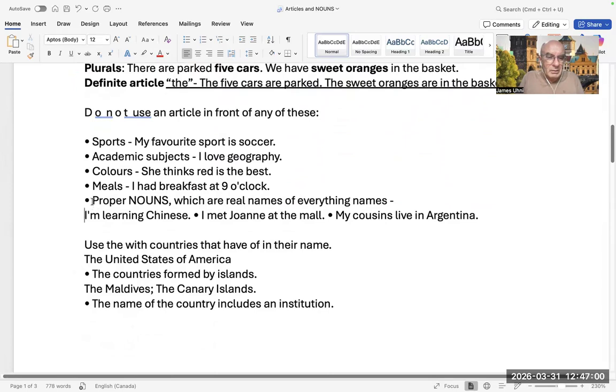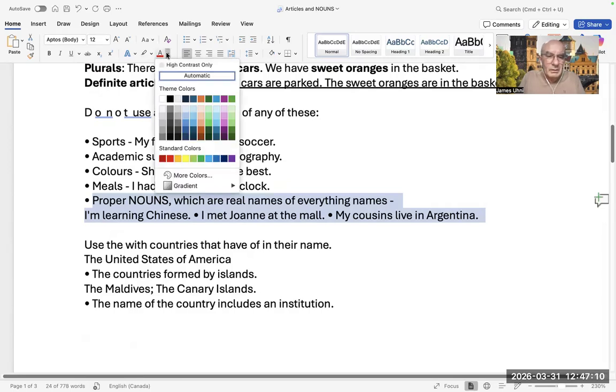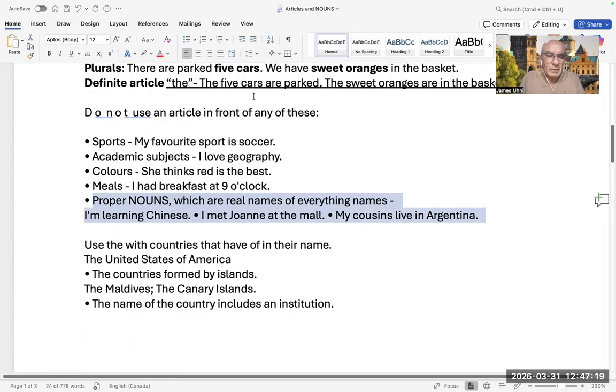Let me make sure, let me underline it, or no, we'll not do it that way. We'll do it this way. I will mark it as proper nouns, which are real names of everything, names.